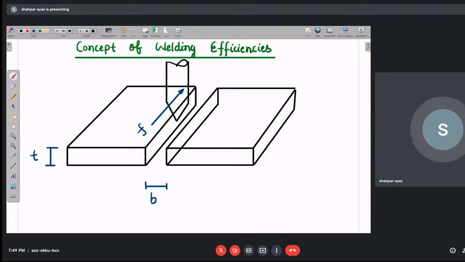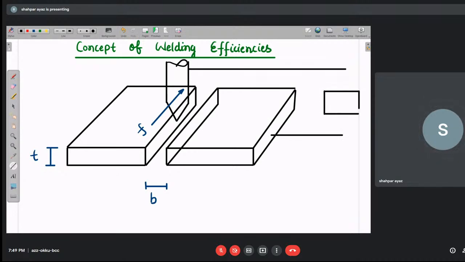The electrode and the workpiece are connected with a transformer, right?